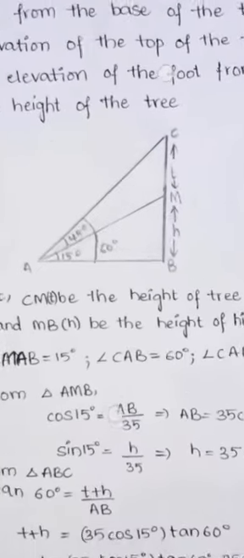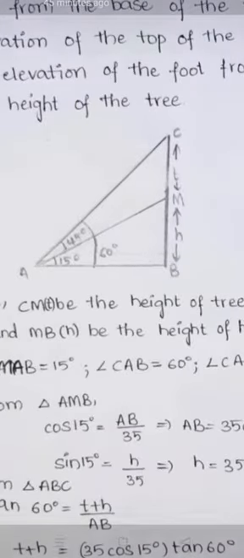From the same triangle AMB, we are finding sine of the angle of elevation, 15 degrees. Sine 15 degrees is equal to the opposite side BM bar by the hypotenuse AM bar. AM bar is 35 meters and BM bar is H. So sine 15 degrees is equal to H by 35 meters.